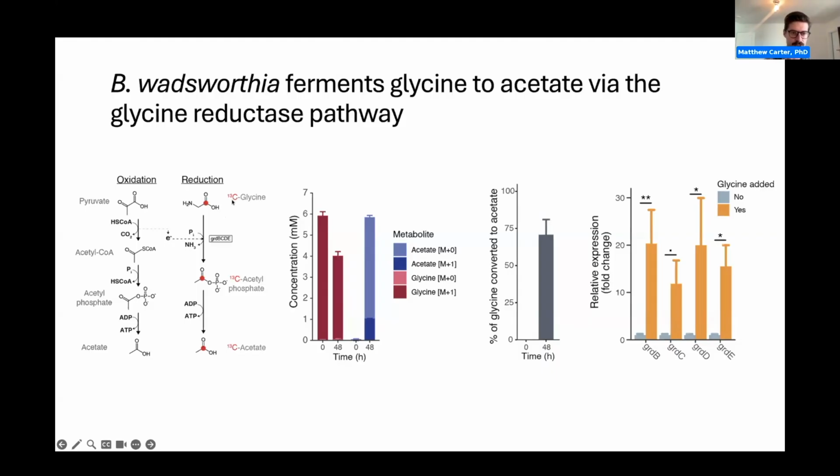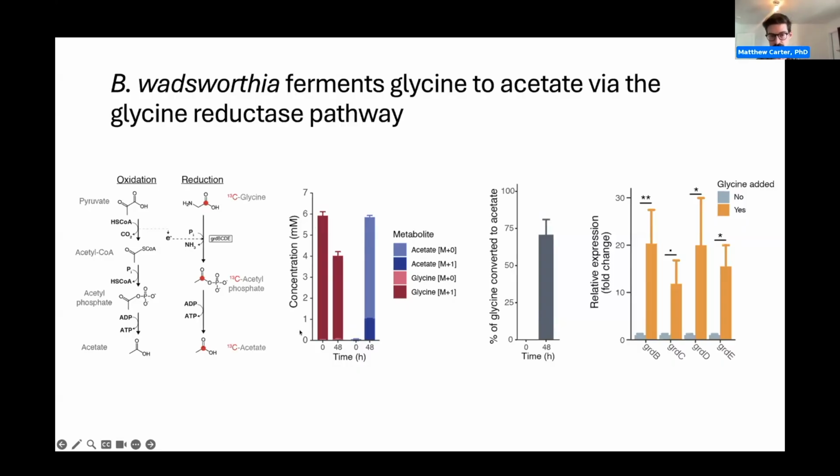But basically, we can use a heavy carbon glycine, and we can grow Bilophila wadsworthia in vitro in a minimal media and measure both the loss of heavy glycine, this M+1 here, and the accumulation of not only acetate in general, but also specifically acetate that has a heavy carbon in it.